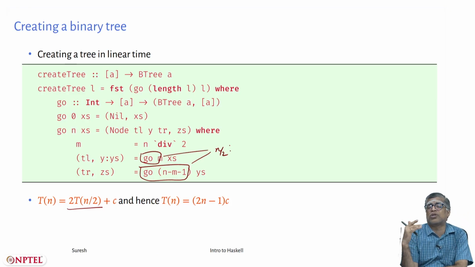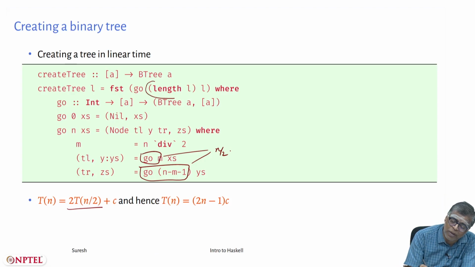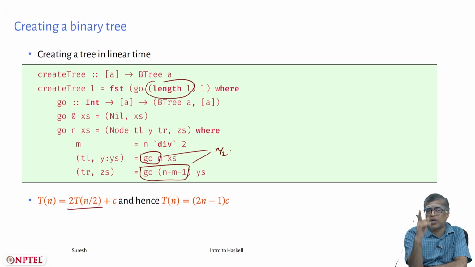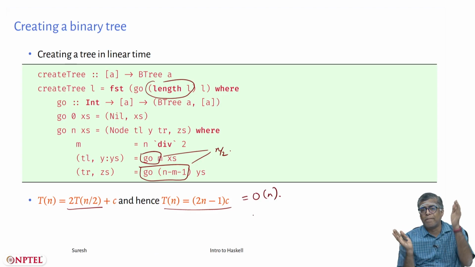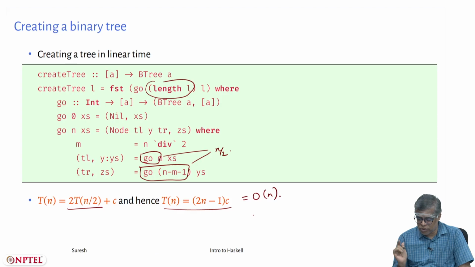There is no other length or plus or take or drop or anything. There is one length computation at the very beginning, but that is not part of go, that is part of create tree. So T(n) is (2n minus 1) times c or whatever, and that is order n. I have an order n procedure to create a balanced tree out of a list. Okay, so that is the takeaway here.